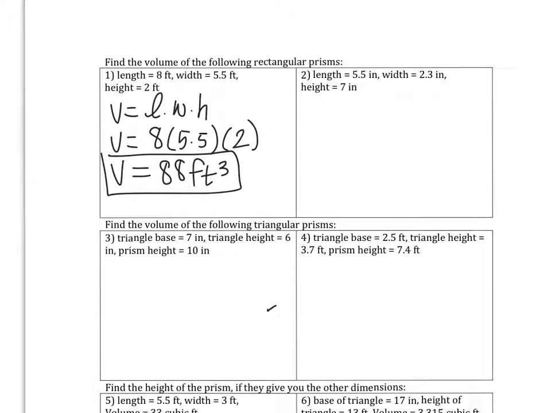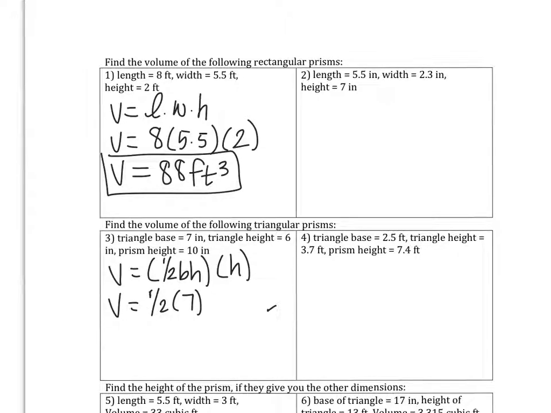Okay, let's go down to number 3. Find the volume of the following triangular prism. So the triangular base, so volume equals half base times height. That's our triangular base. And then we're going to multiply that by how tall it is, its height. It says that the triangular base is half of 7.